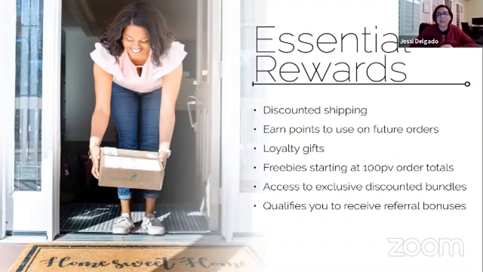You enjoy discounted shipping, you earn points to use in future orders, and you might even get free stuff. We have loyalty gifts, and we have freebies starting at 100 PV, which means 100 points. So they give you freebies on that. It's access to exclusive discounted bundles, and also qualifies you to receive referral bonuses.